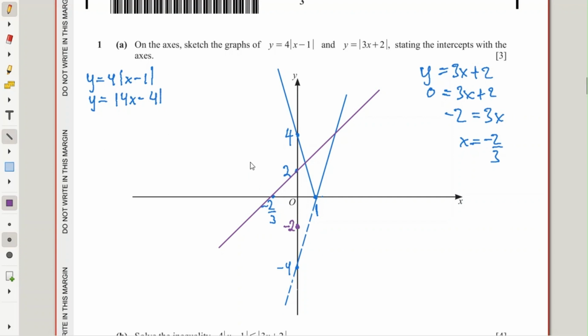So I just pass a line through this. Then when I finish, I clean this one with broken lines.